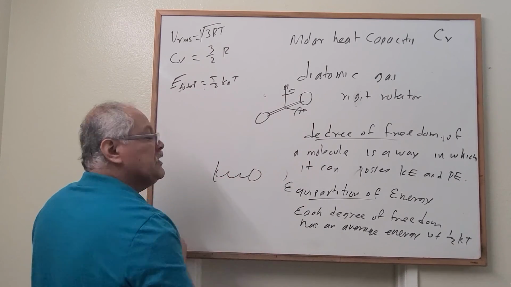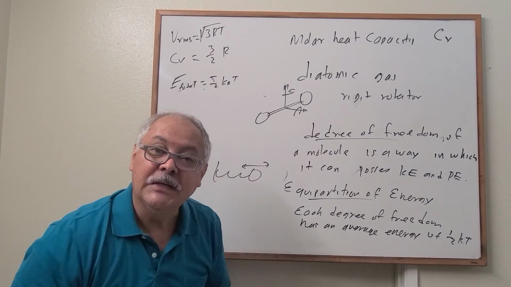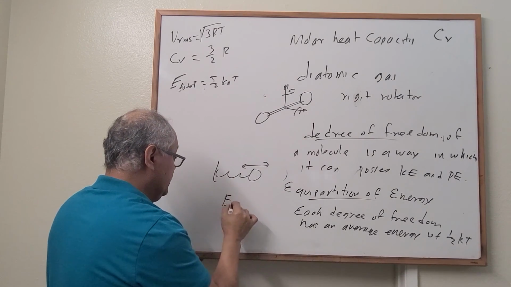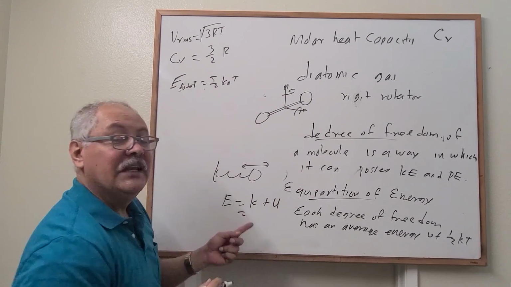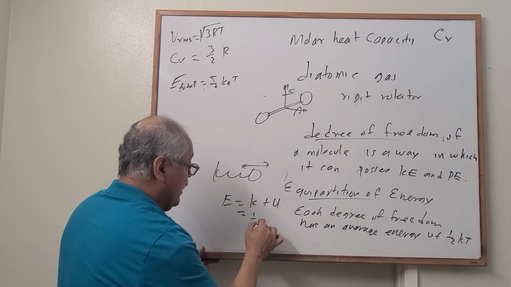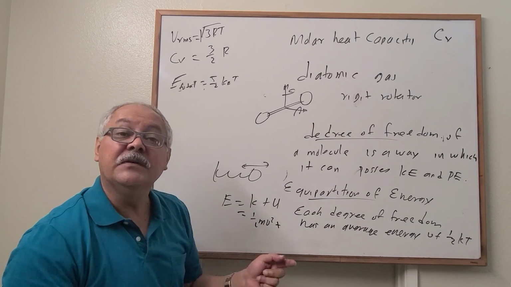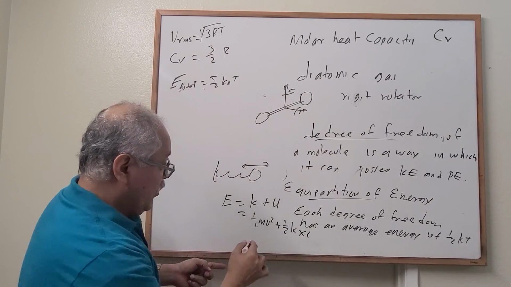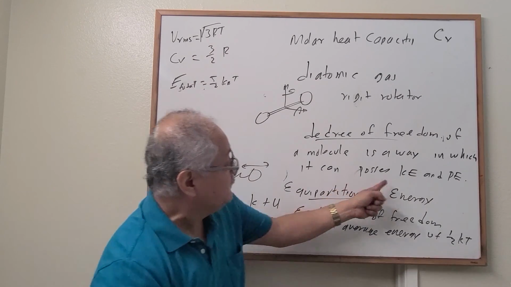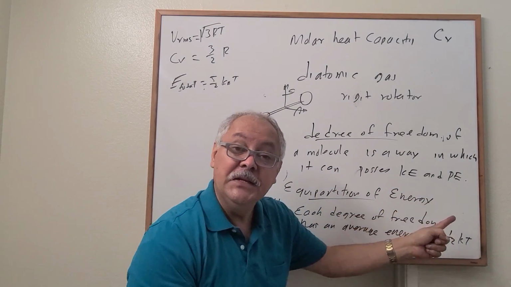What is the total energy of the spring? It equals kinetic plus potential. The kinetic is 1/2 mv squared. What about potential? Potential energy for the spring is 1/2 kx squared. So we have two more energies according to degrees of freedom, 2 more degrees of freedom for energy.